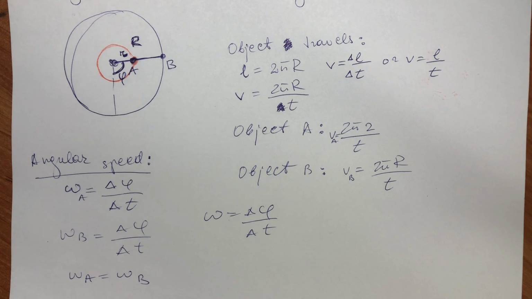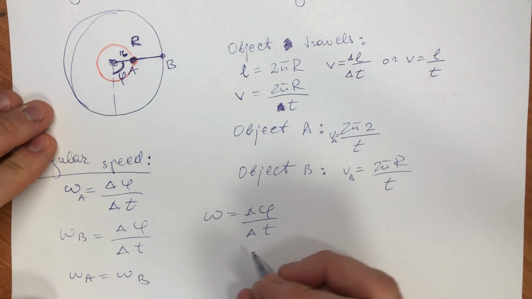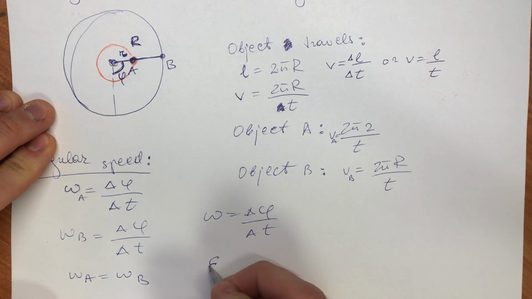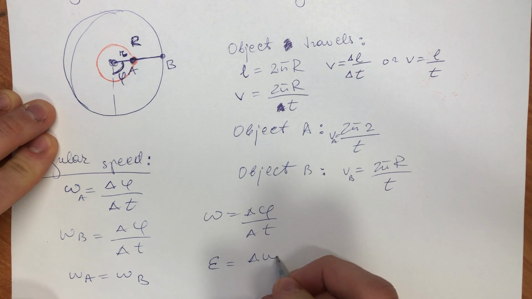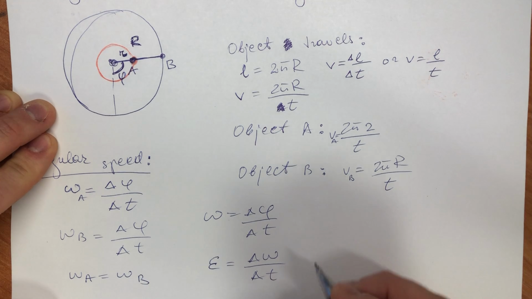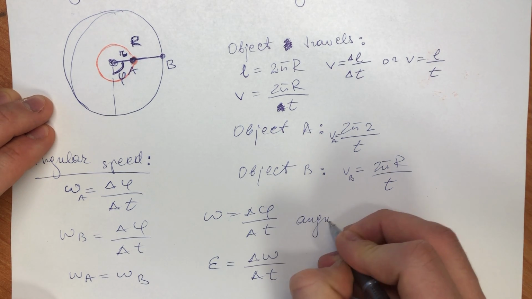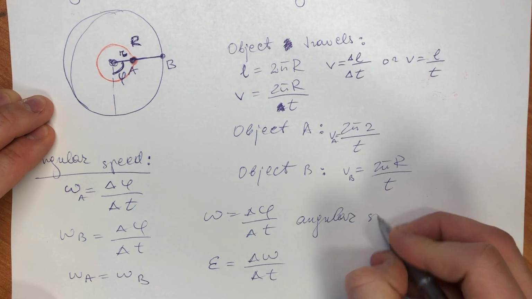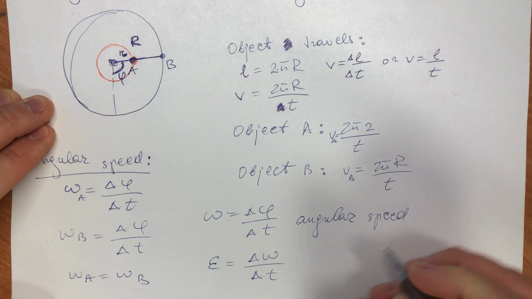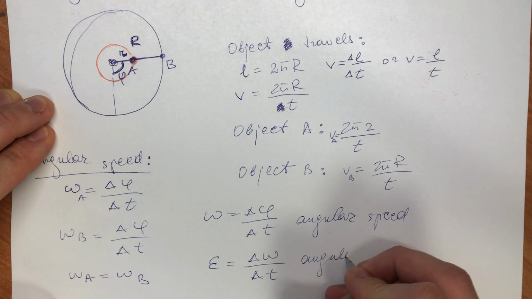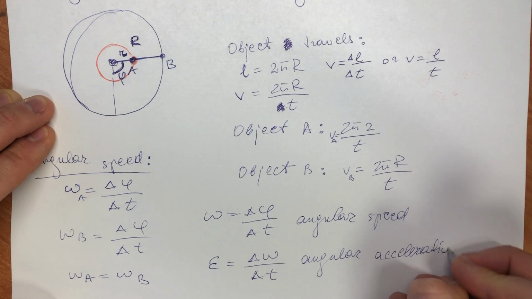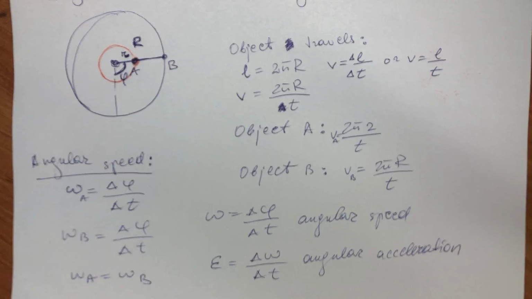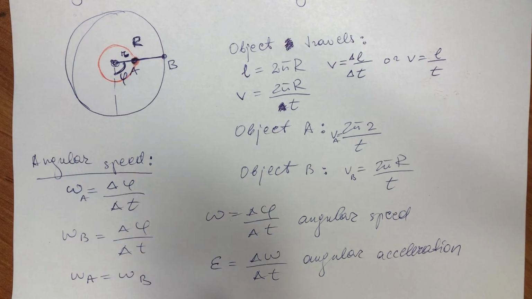And now, similarly, we can define epsilon. Epsilon would be delta omega over delta t, where omega is the angular speed. This would be angular acceleration: how much angular speed changes in time.